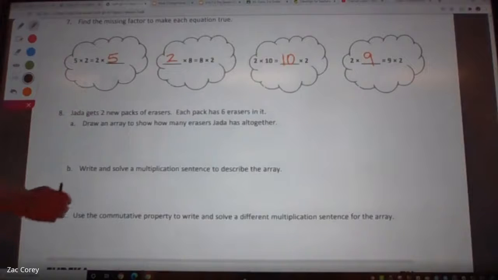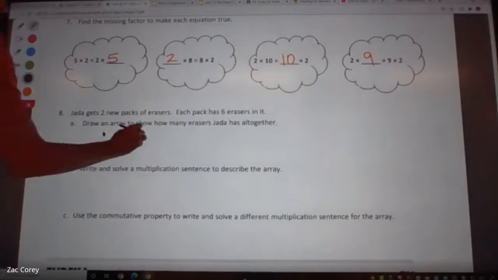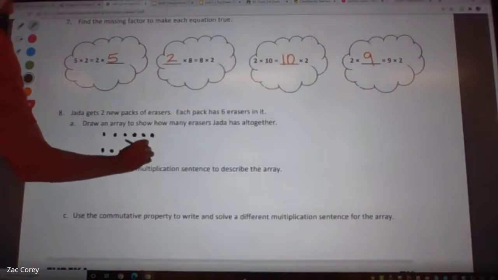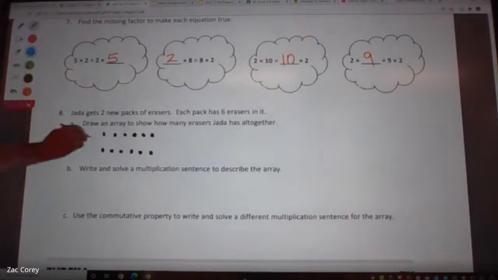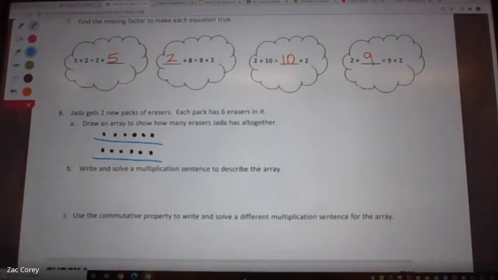So she gets 2 packs of erasers, so we need 2 groups, and each group has 6. So 1, 2, 3, 4, 5, 6. 1, 2, 3. All right, so here we have 2 groups, 1, 2. Each one has 6.